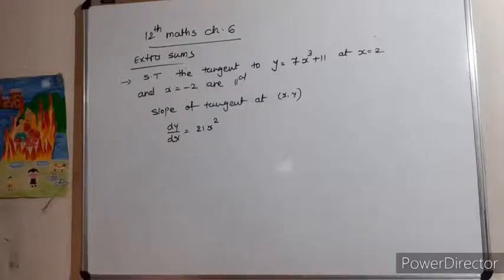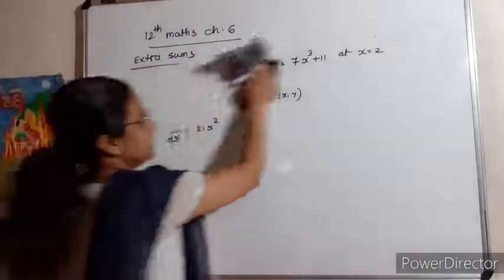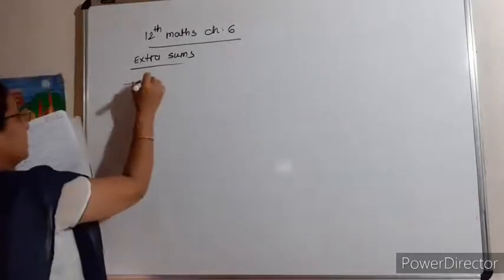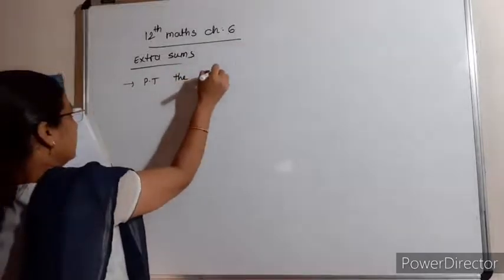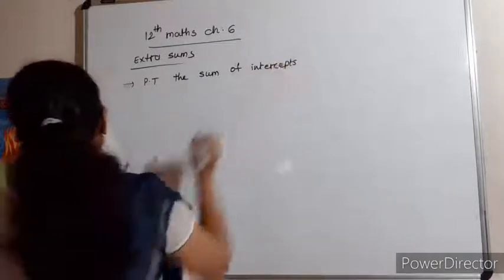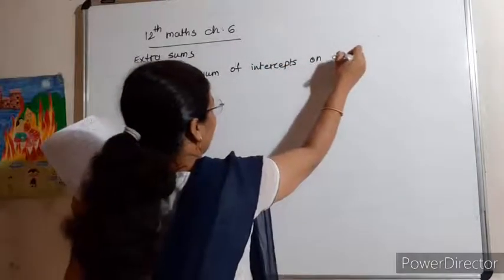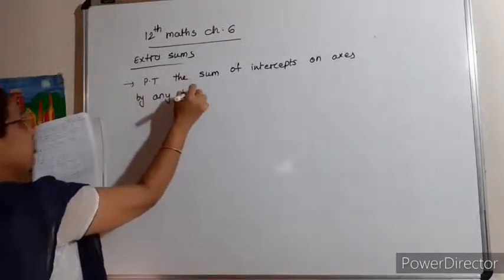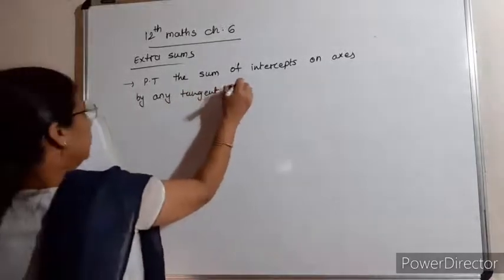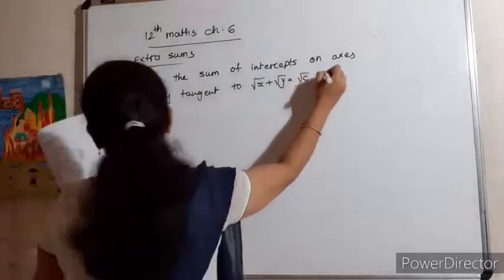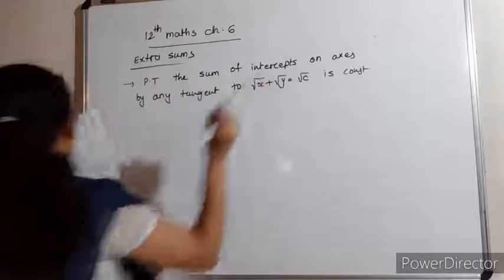Now one more question we will do is, okay, then the one more sum is, this is important now, here, prove that the sum of intercepts on axis by any tangent to root x plus root y is equal to root c is constant.